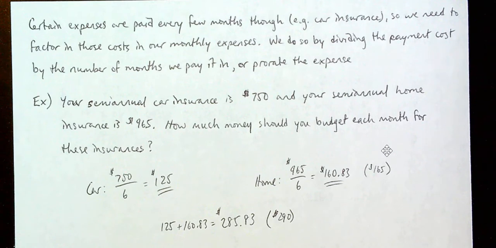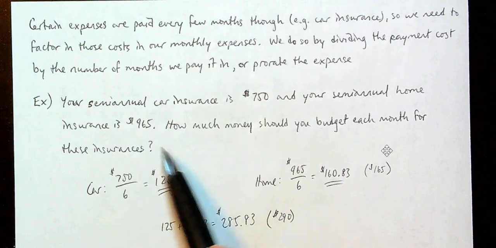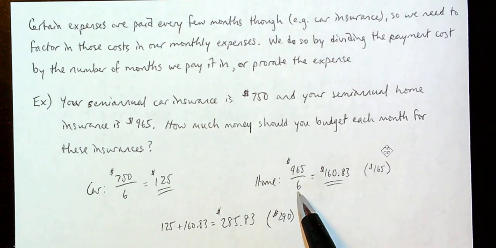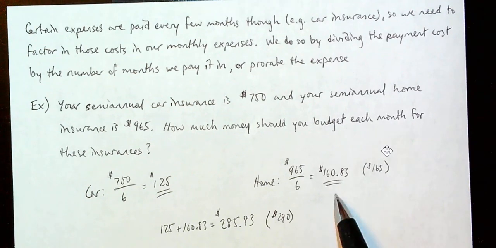If my annual homeowner's insurance was $965, I'd be taking that $965 and dividing it by 12, because $965 per year, or $965 for 12 months in the year, you would get your monthly cost for that homeowner's insurance, and that would be exactly half of this guy here.